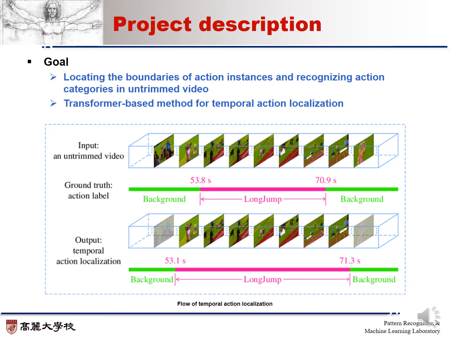This task is very similar to object detection. However, temporal action localization is a more difficult task compared to object detection because there are many frames with similar features around the bounding box in the temporal action localization task.